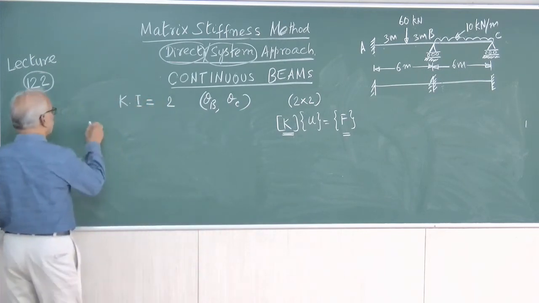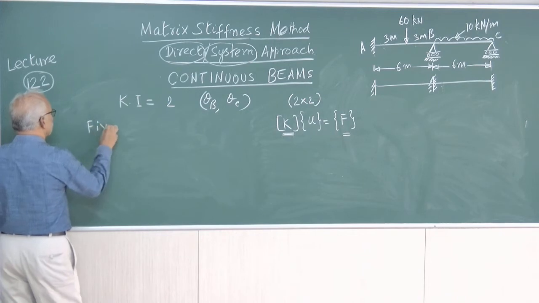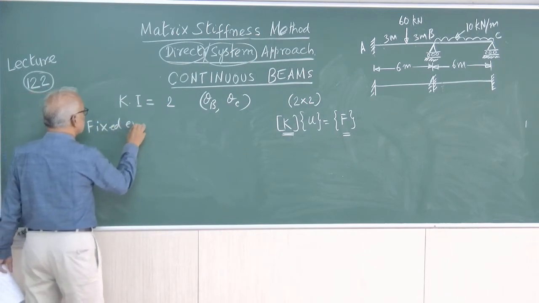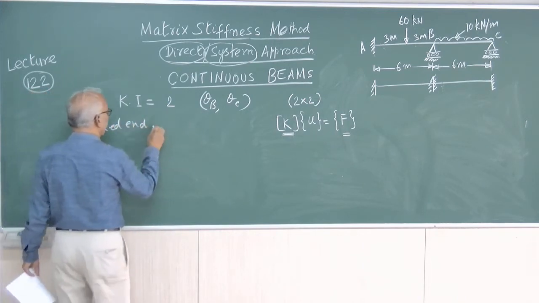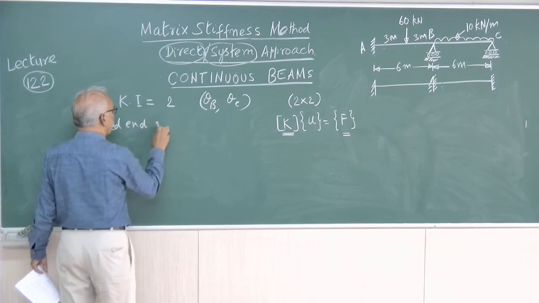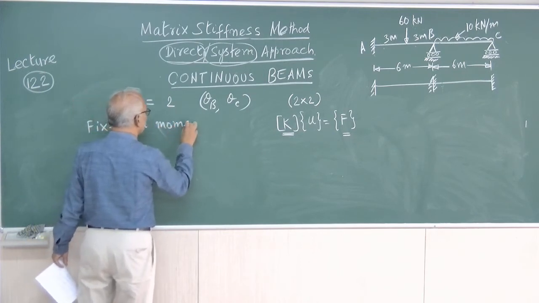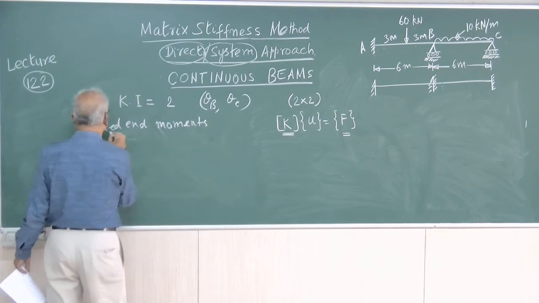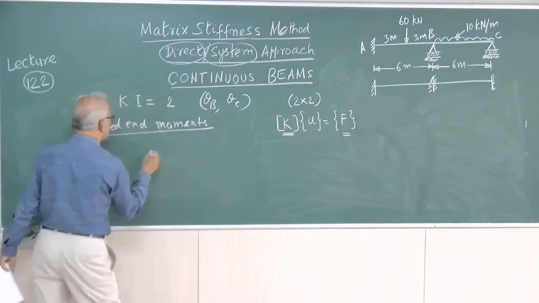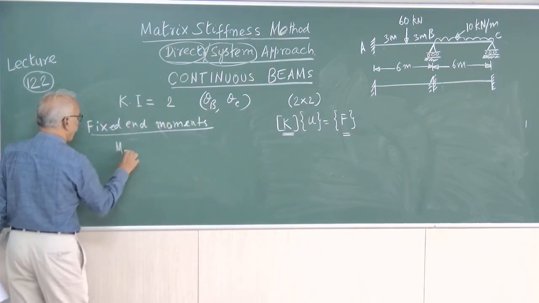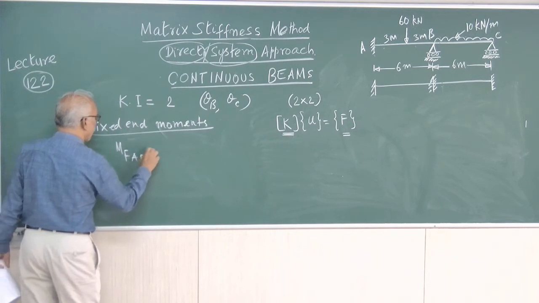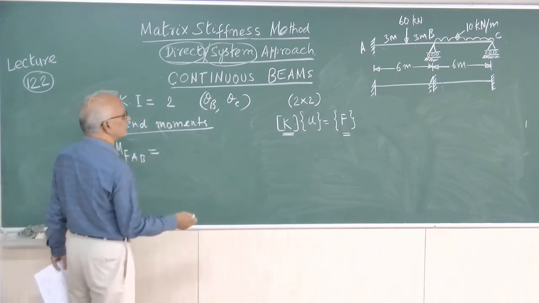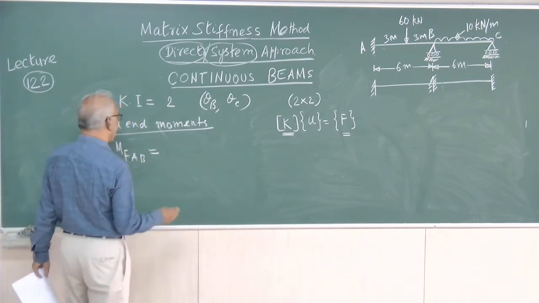First we will find the fixed end moments. This is for getting the right hand side. M of AB: when you take the span AB, it is subject to a central concentrated load.